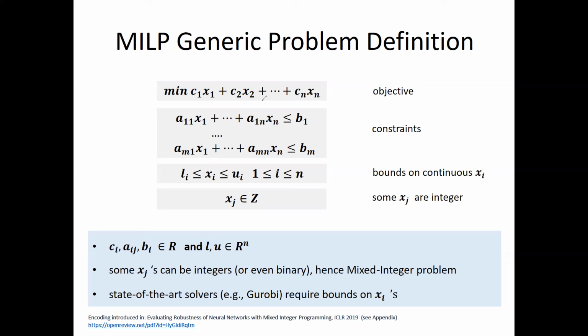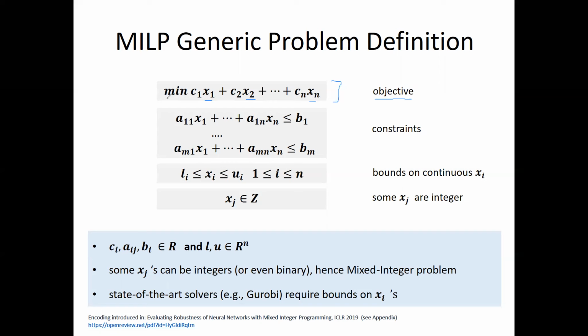What we have here is this function, this linear expression, which is called the objective. This would be some expression which we're trying to optimize, to find assignments to these continuous variables x1, x2, ..., xn, so that the given expression is maximized or minimized.